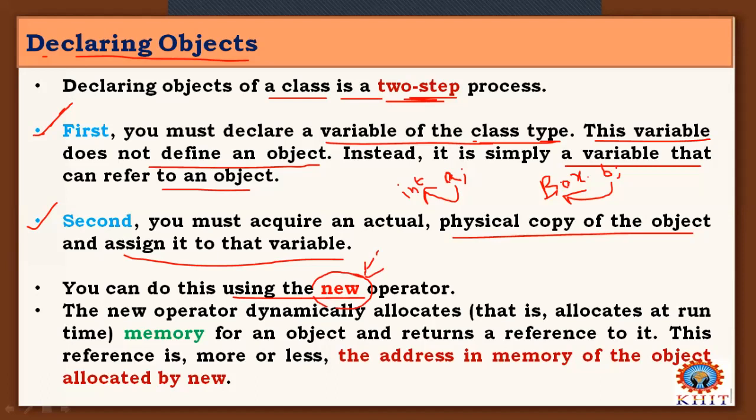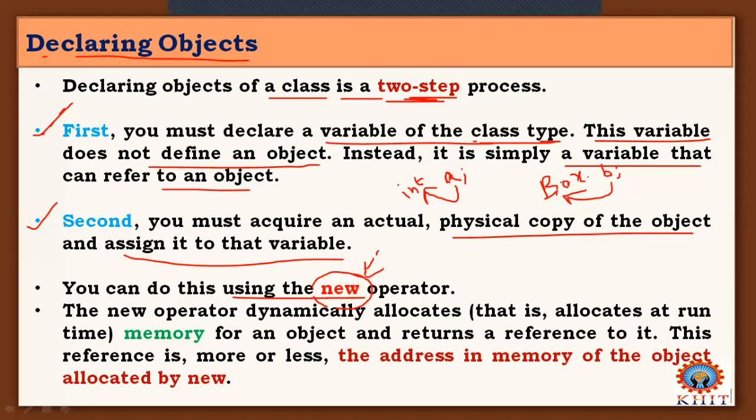I hope you are familiar with this keyword new from C++ semester 1. The same feature is adopted in Java. This new keyword is used to create objects dynamically, or it allocates memory dynamically for an object and returns a reference to it.